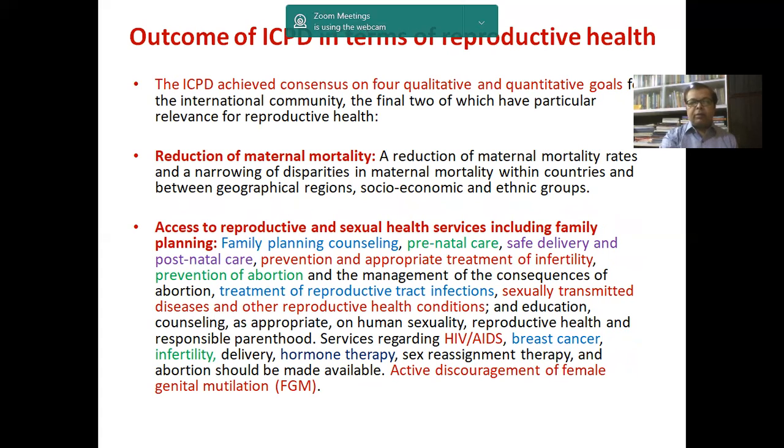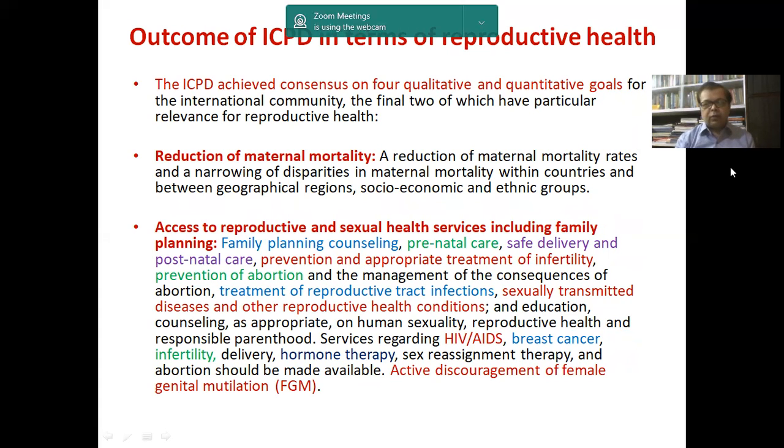Outcome of ICPD in terms of reproductive health. The ICPD achieved consensus on 4 qualitative and quantitative goals for the international community, the final 2 of which have particular relevance for reproductive health. So what was the overall outcome of the ICPD conference?